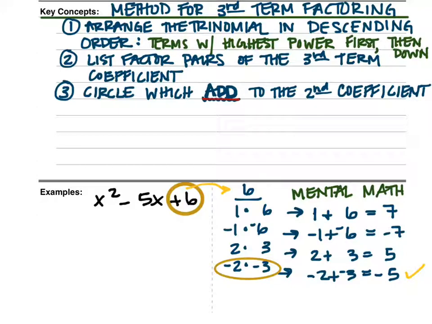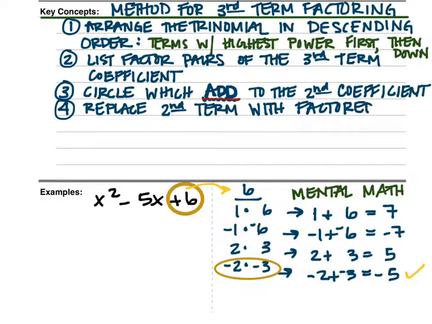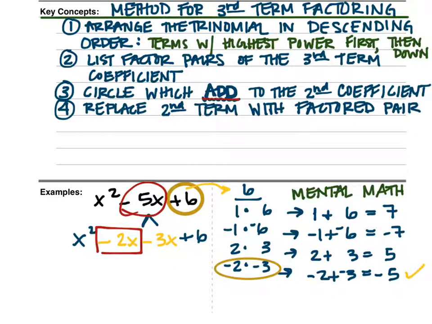From there, I'm going to work on the next step, which is to replace the second term with the factor pair. In doing that, I replace the -5x with the terms -2x and -3x.